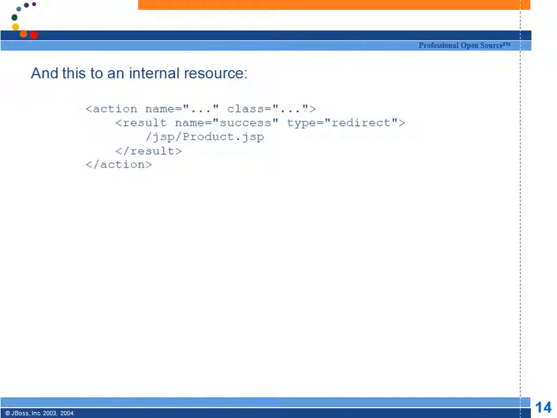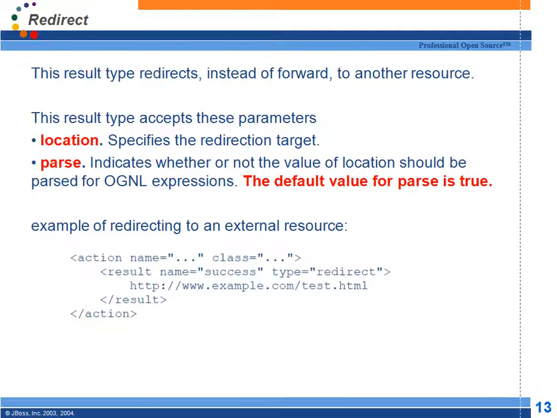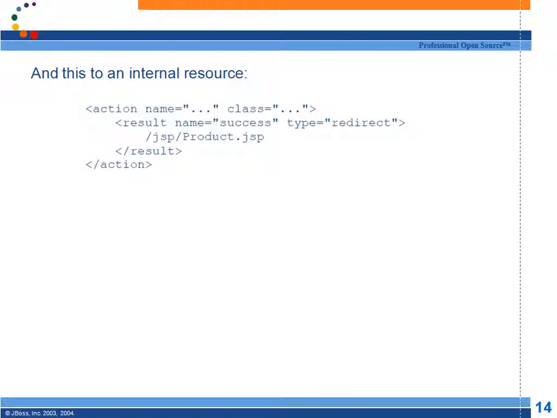You can forward to a JSP internally without using HTTP if you give slash. That means you are forwarding to an internal request. Earlier I gave HTTP slash slash, which means you are redirecting to an external resource outside of your application. If you don't give HTTP and give slash, then you are redirecting to another JSP in the same application.